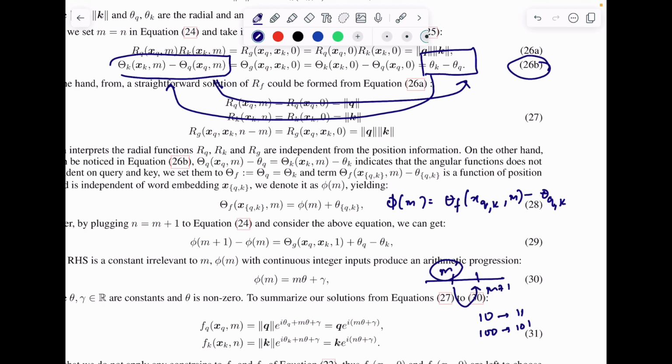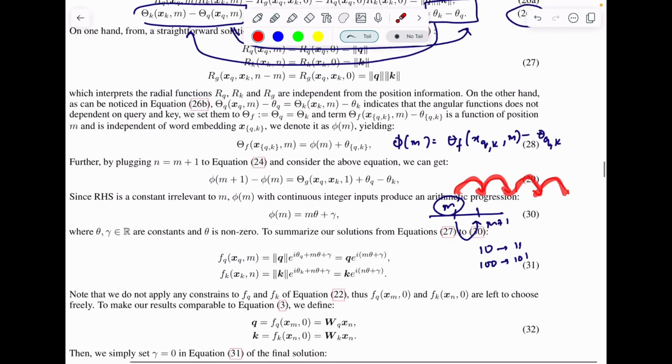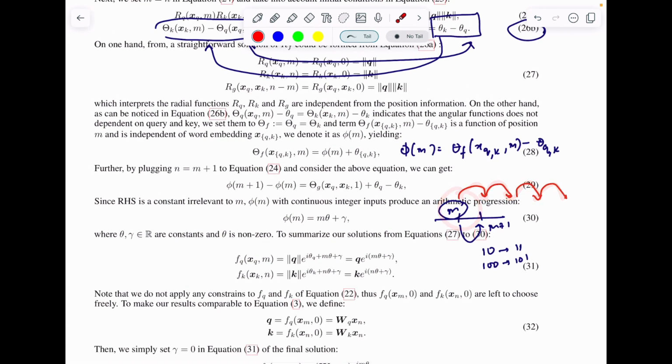Similarly, in this case, they say that our angle shift remains constant, and as you keep on moving from position m to m plus 1, then m plus 2, m plus 3, and m plus 4, this will simply form an arithmetic progression, AP, and we can represent it using phi m is equal to m theta plus gamma, right? You simply jump by a particular number, always independent of where you start from, right?